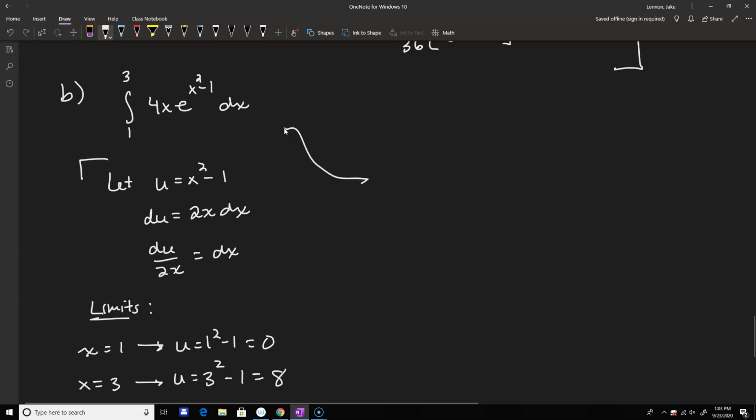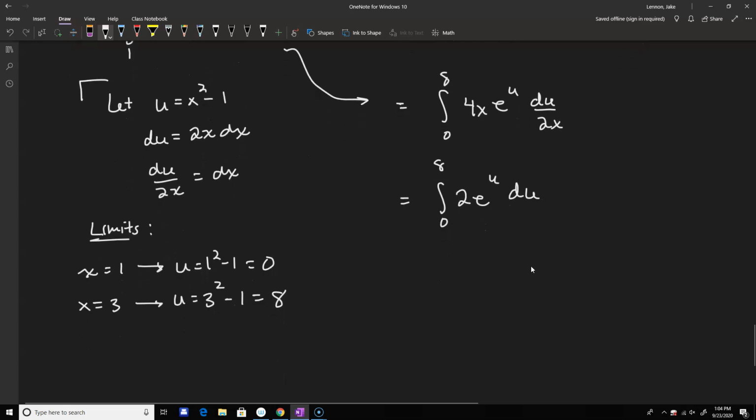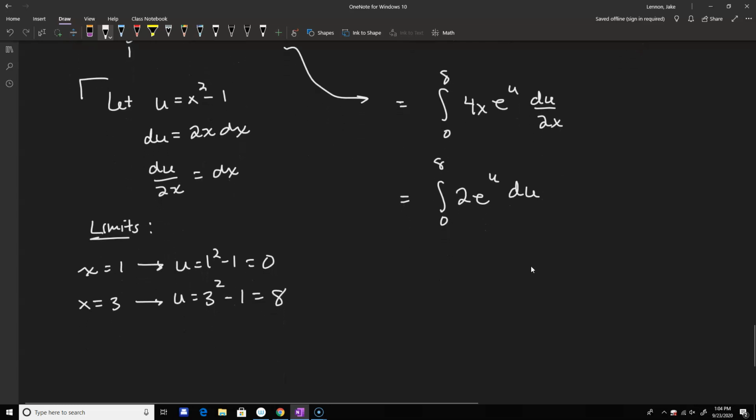So now we can change everything in our integral. So this will now be the integral from 0 to 8. We'll have our 4x, we'll have e to the u, and then we're multiplying by du over 2x. So 4x divided by 2x is just 2, so we've got the integral from 0 to 8 of 2 times e to the u du. And e to the u has a very easy antiderivative, it's just itself.